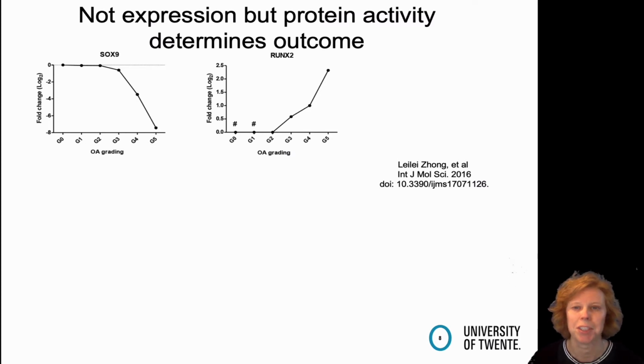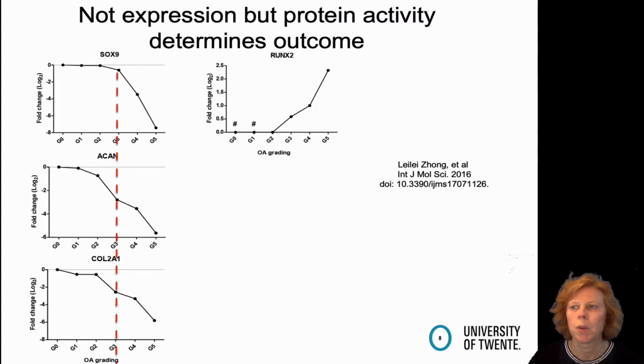However, this is gene expression. If we look at the protein activity of SOX9, which we can do by looking at the expression of its target genes, aggrecan and collagen II, we observe a gradual loss of gene expression of these matrix proteins, but much earlier than the decrease in SOX9 expression.